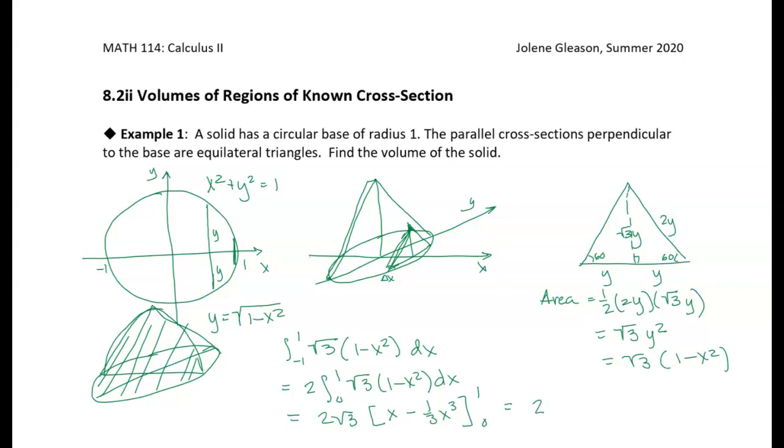And so what I end up with is 2 square root 3, and I'm going to get 1 minus 1/3. So 1 minus 1/3 is 2/3. 2/3 times 2 square root of 3 becomes 4 square root 3 over 3. All right? And there we go. That's the area.